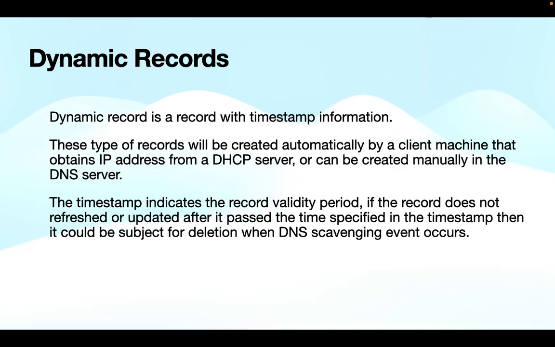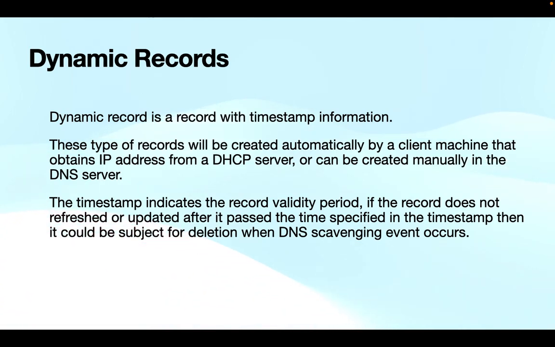At that time the machine will get registered into DNS. That means the record will get created automatically as a dynamic record. These records are created automatically by a client machine that obtains an IP address from a DHCP server.